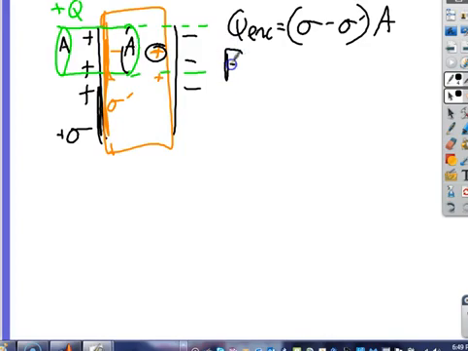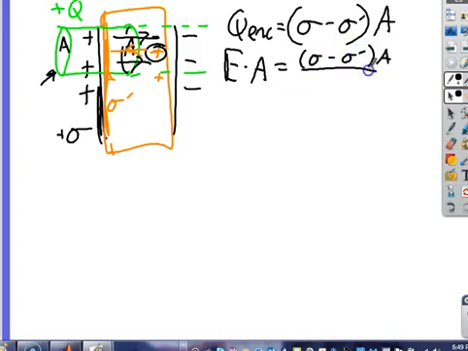Now I can say that electric field times area, because remember there's no field coming out of this side, it's all going through this side here. So I've got field going like this through that one area, so that's why I have E times A. This is equal to the charge enclosed, sigma minus sigma prime times A, over epsilon naught.